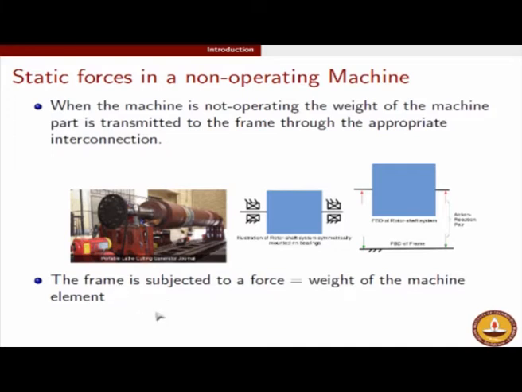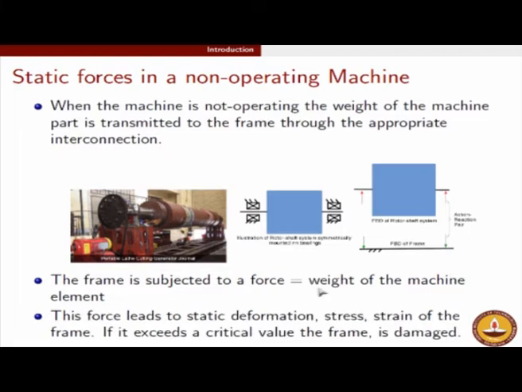That makes sense because the frame is holding the weight of the machine, so the frame is subjected to this force and nothing else. But since this force is not time varying, it is a static force, its effect is going to create some static deflection on the frame. It is going to create some static stress, static strain, static strain energy density, whatever.